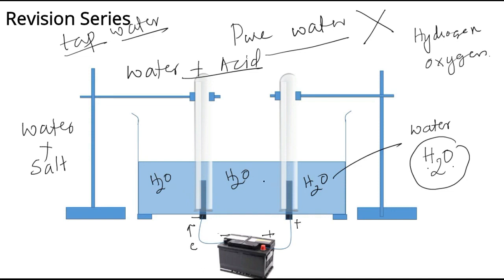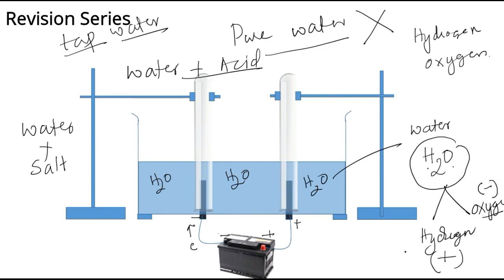But remember, what happens at this moment is that water will split into hydrogen and oxygen, right? Hydrogen is a positively charged atom, whereas oxygen will be a negatively charged atom.